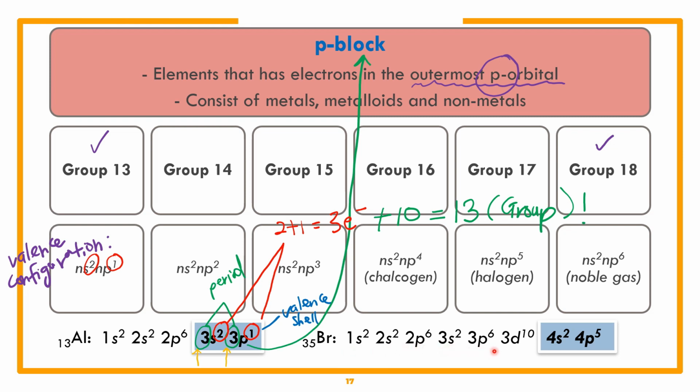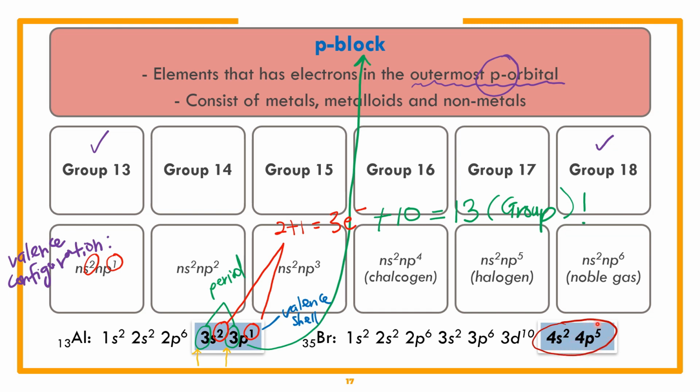So in this case, we find out that we have n equals to 4, which belongs to orbital 4s and 4p. So meaning that these two orbitals are located in valence shell. So the highest principal quantum number is n equals to 4. So that is where we will refer to the valence configuration.